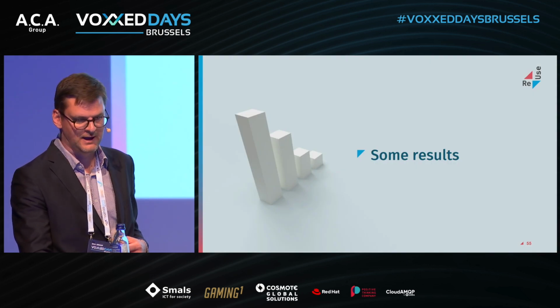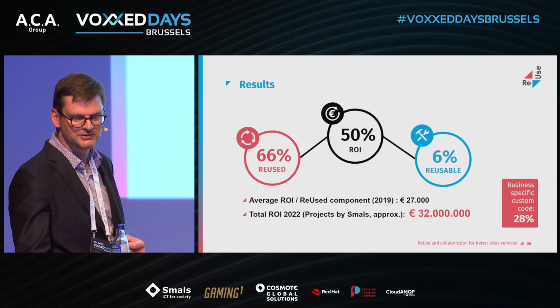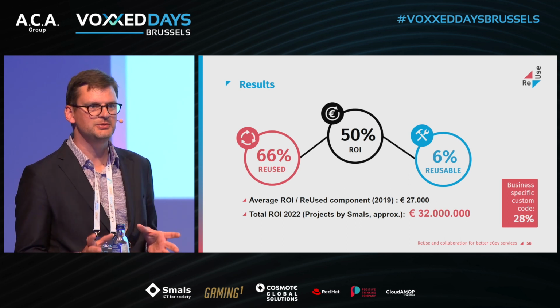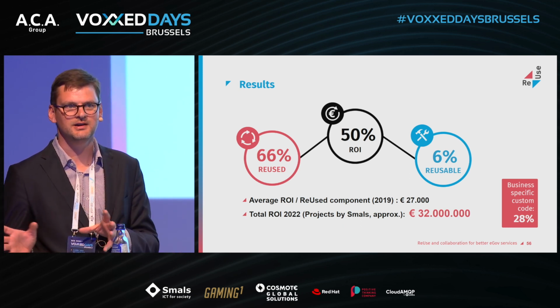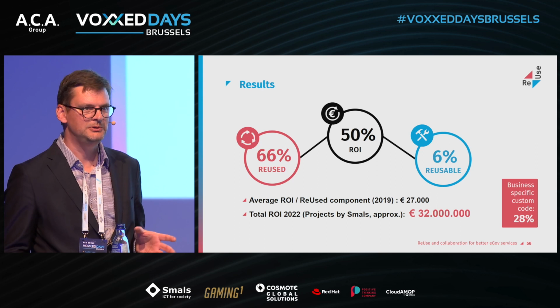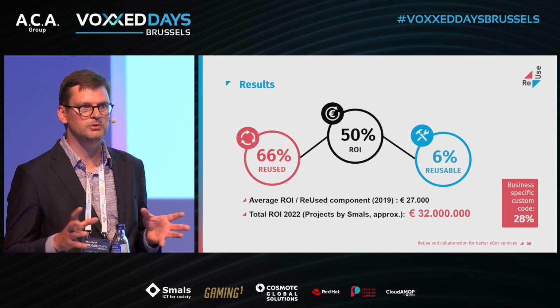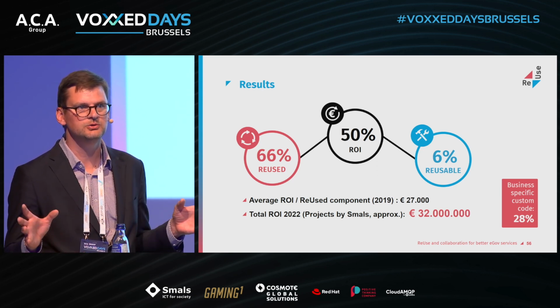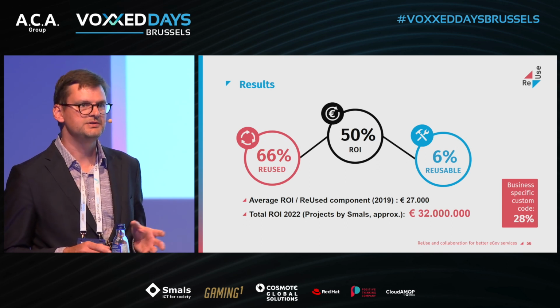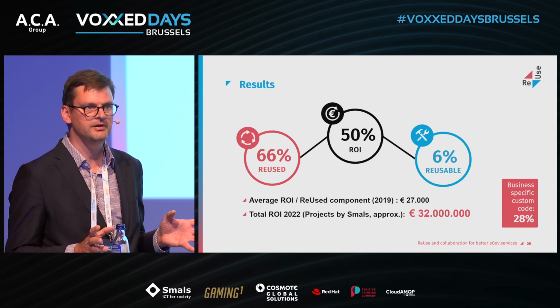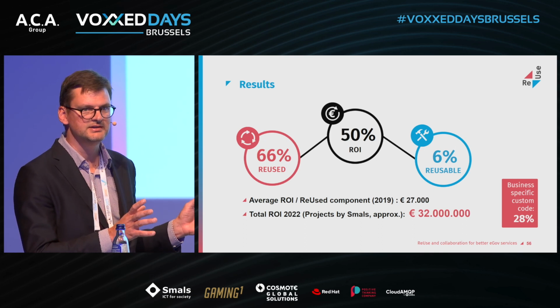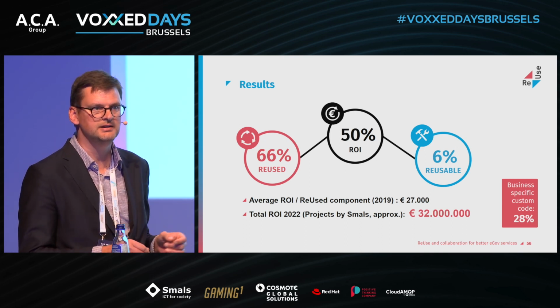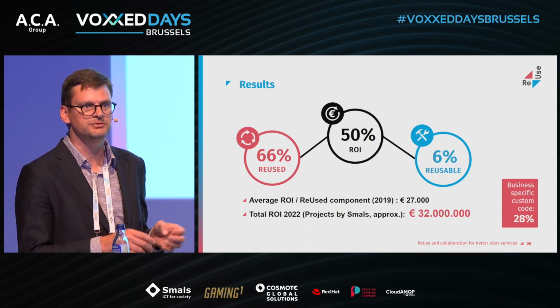And finally, some results. I've told that we integrated software reuse in the project lifecycle. When we look at all of these projects, and there are more than 50 projects that are taken into account each year, we see that nowadays even 66% of all the functionality is delivered by software reuse.